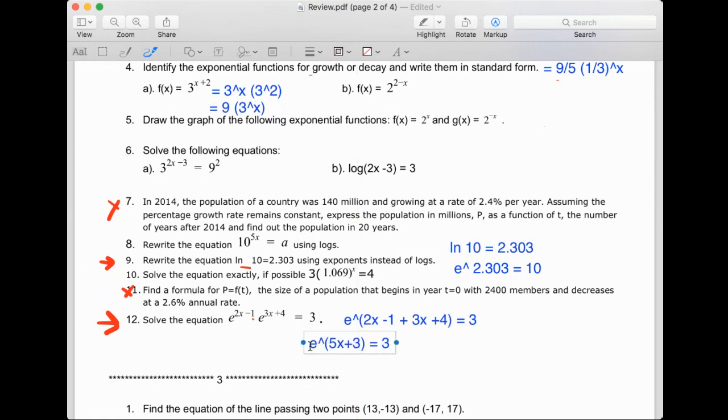So how do we solve exponential equations? We need to take a logarithm on both sides. Right? So we take logs on both sides.